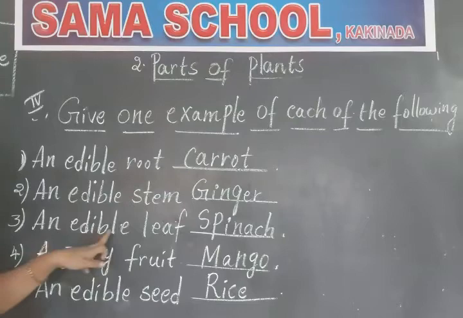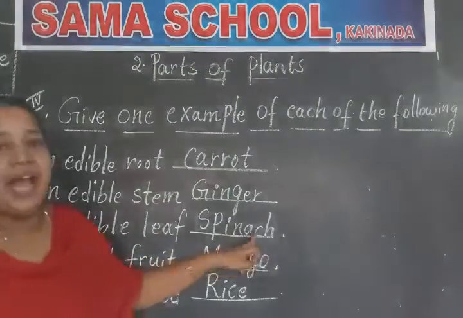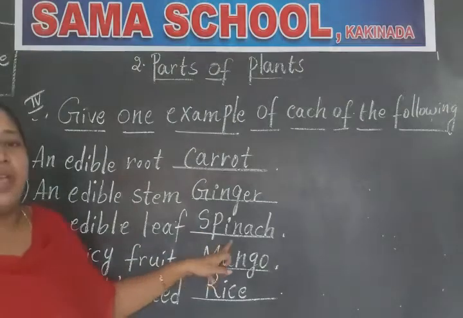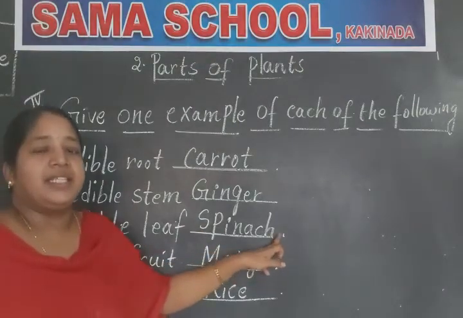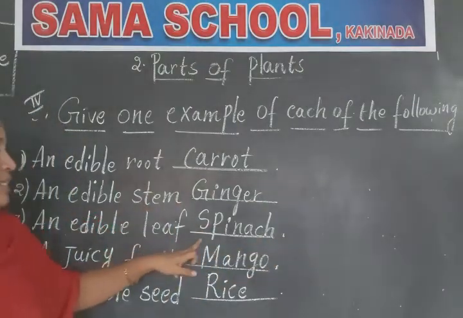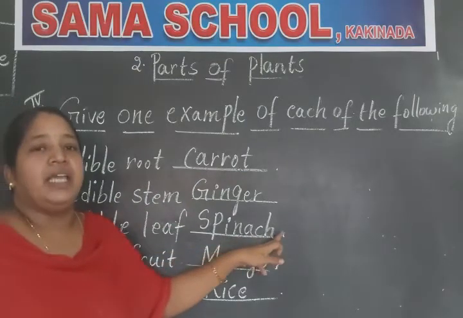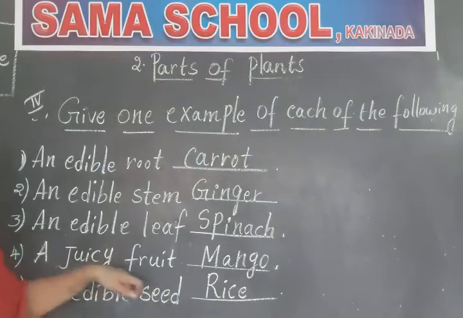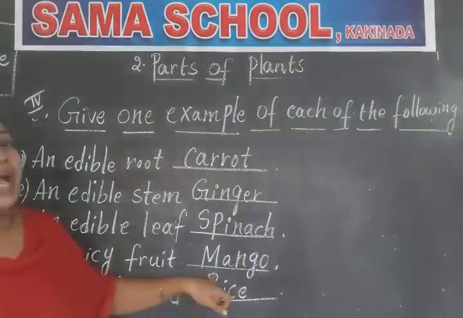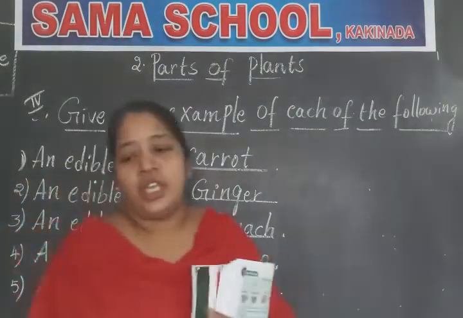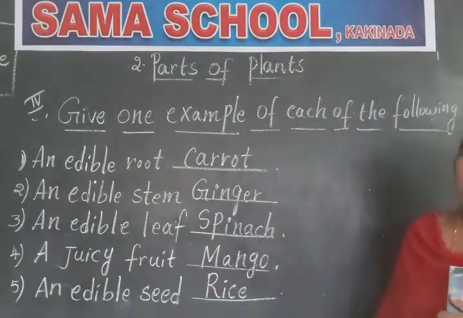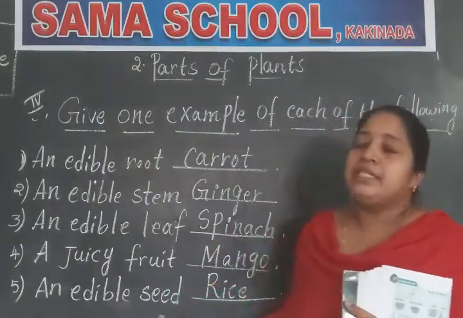Next, an edible leaf: spinach, S-P-I-N-A-C-H. And next, a juicy fruit: mango, M-A-N-G-O.